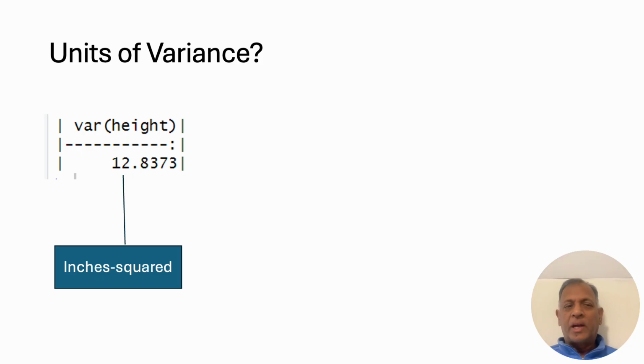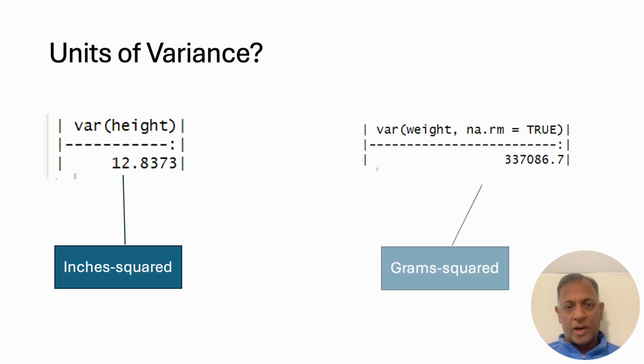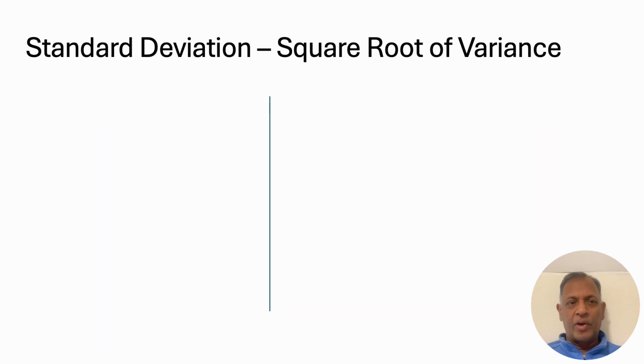So the basic idea, the values that you have are squares of whatever item you are computing. In this case, the heights were measured in inches, and therefore the variance of height is inches squared. Similarly, the variance of weight would be grams squared because the unit is grams. So we can't interpret squared units that well.